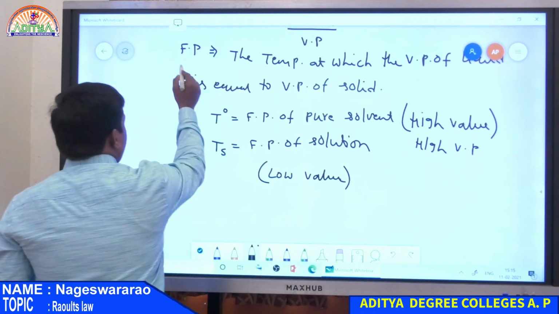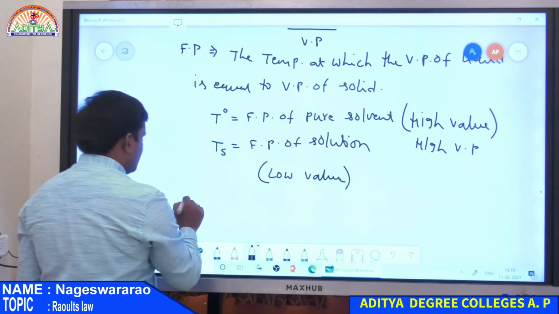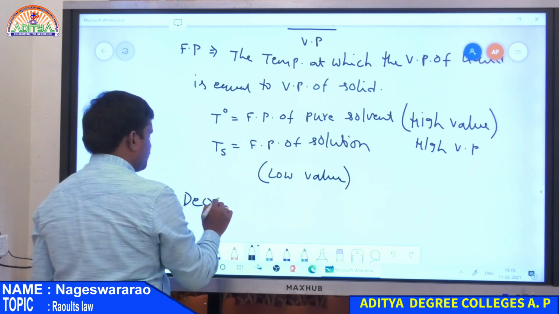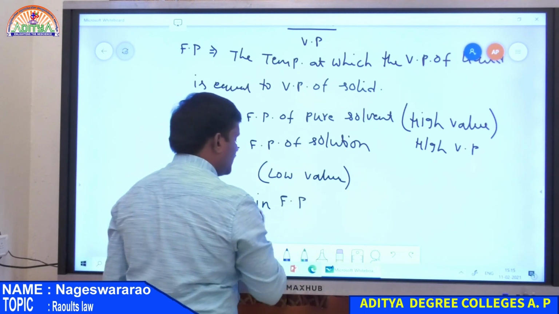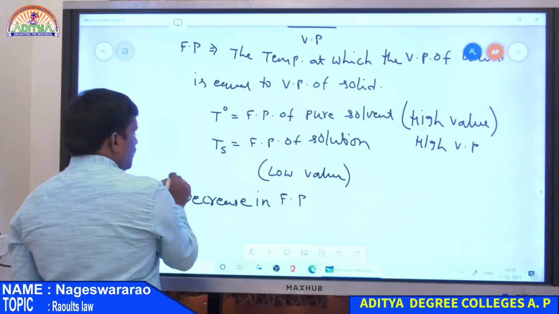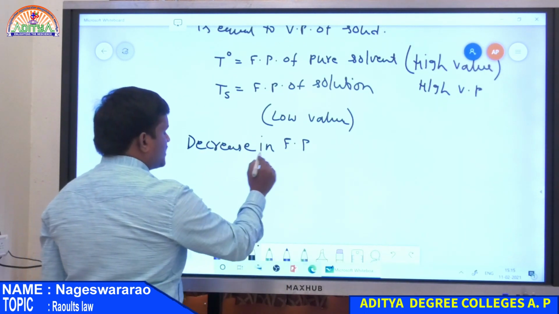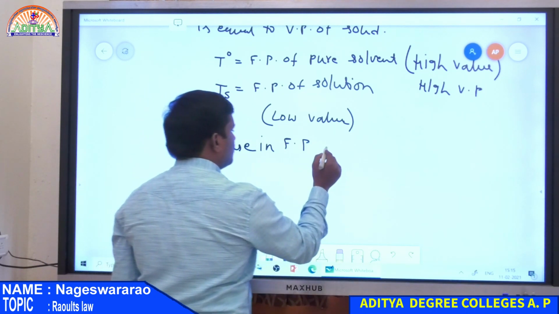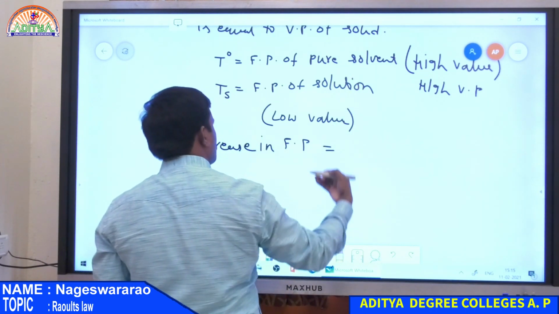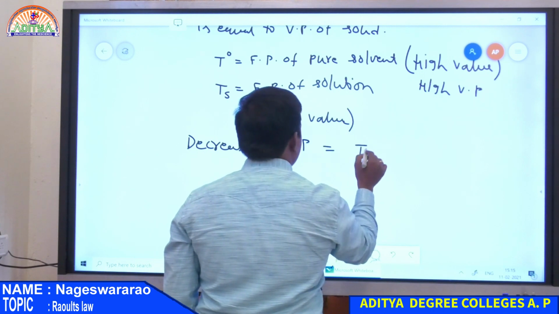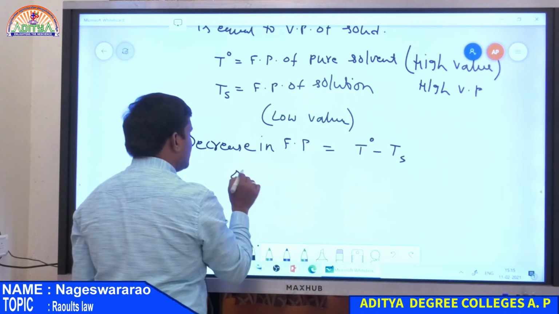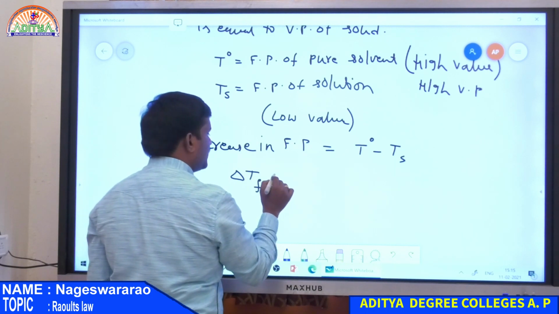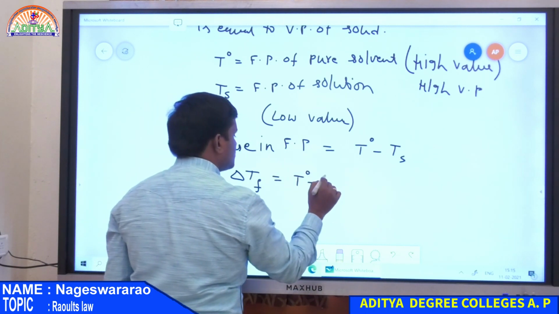Now, depression in freezing point. Depression means decrease in freezing point, that is nothing but the deviation or depression in freezing point. So that is the highest value minus the lowest value again, that is T naught minus Ts. So this is delta Tf, equal to T naught minus Ts.